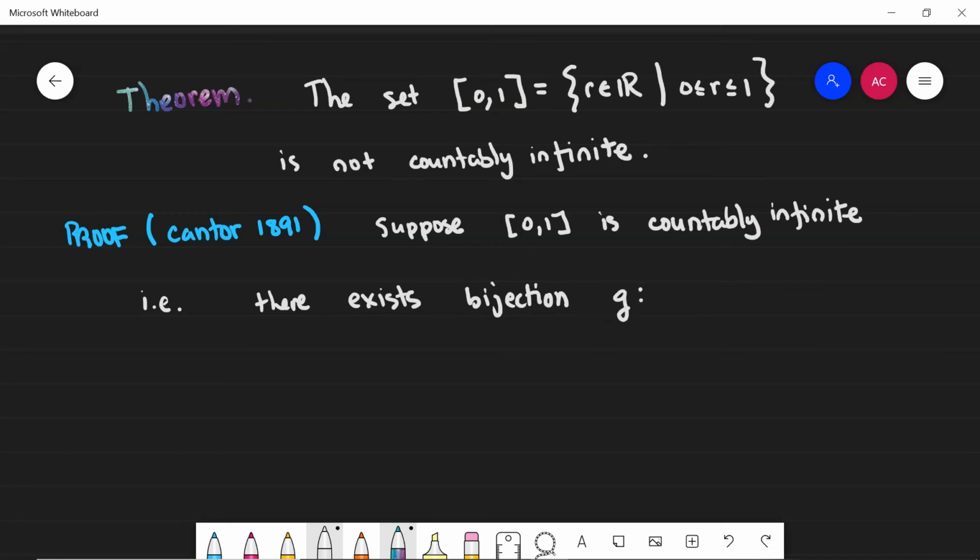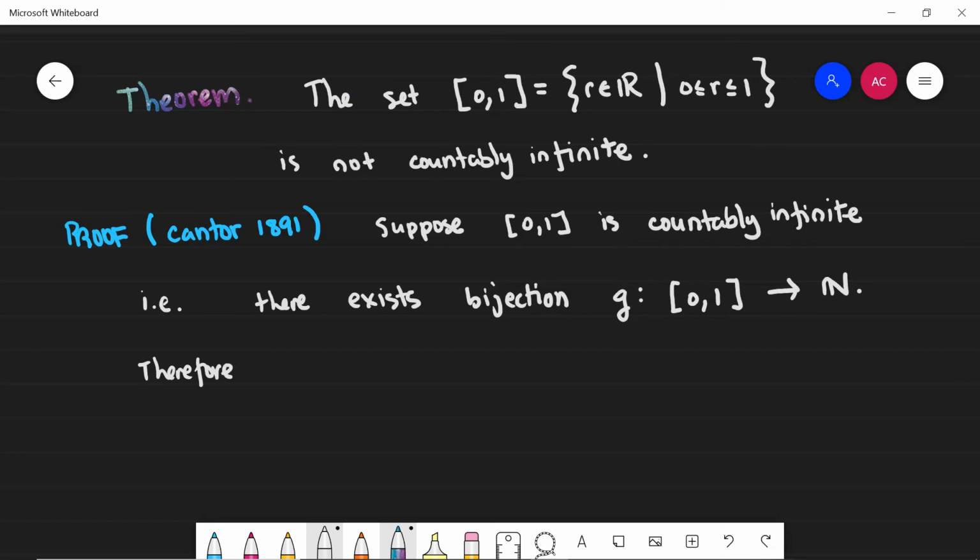That goes from, okay, so according to our definition, there has to exist a bijection going from this set to the set of naturals. Okay. So because this bijection exists, I know that the inverse function exists.